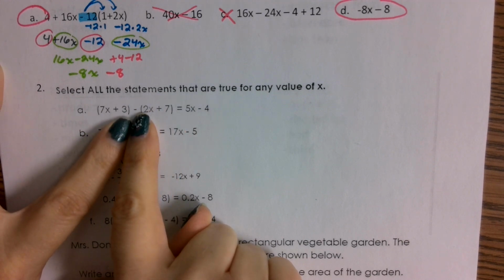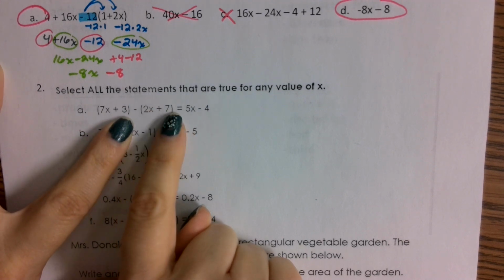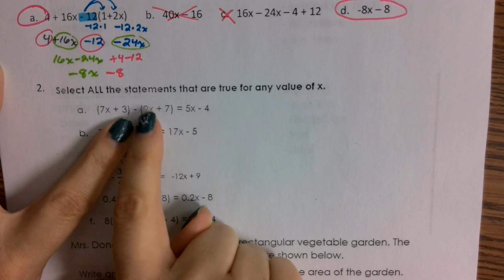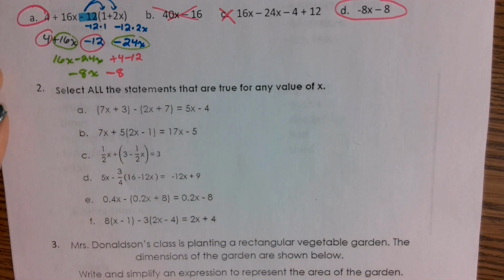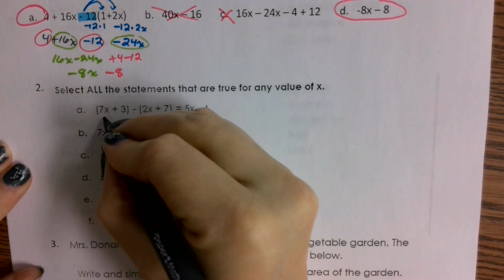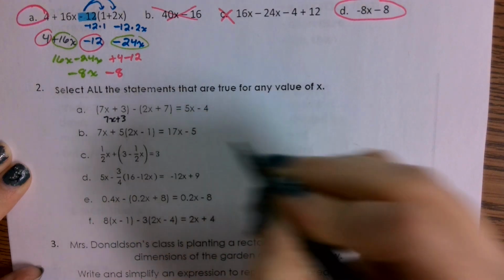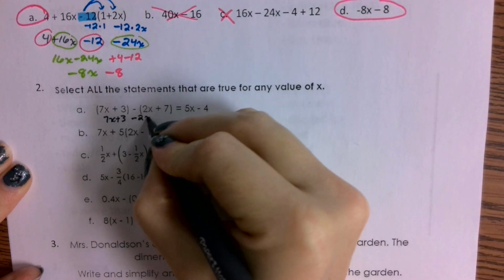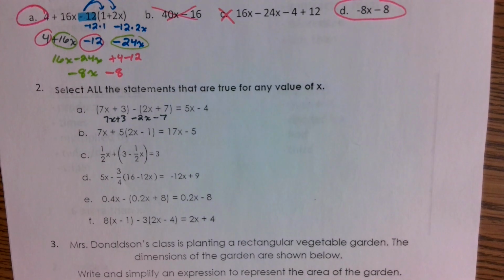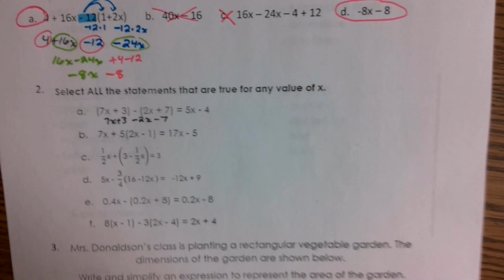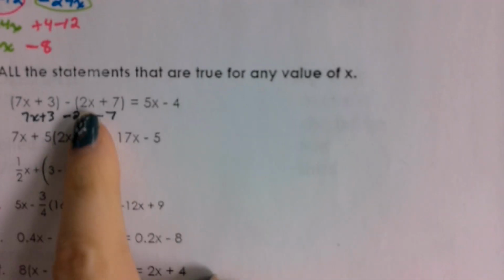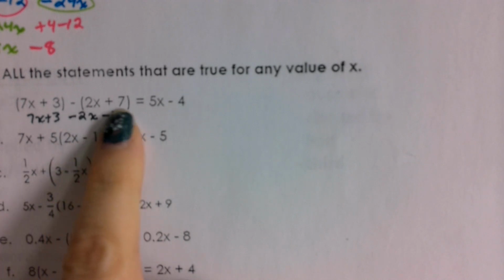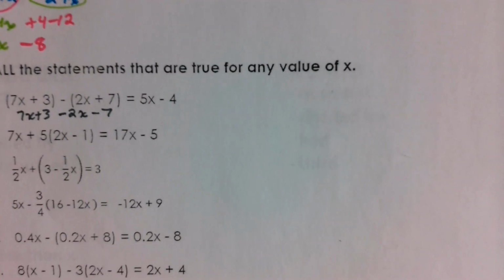Remember, if you're distributing a negative, then everything on the inside changes to its exact opposite. So this really comes out to 7x plus 3 minus 2x minus 7. I'm distributing everything that's inside of these parentheses. I'm distributing that negative to each of them. So it changes it to an opposite.